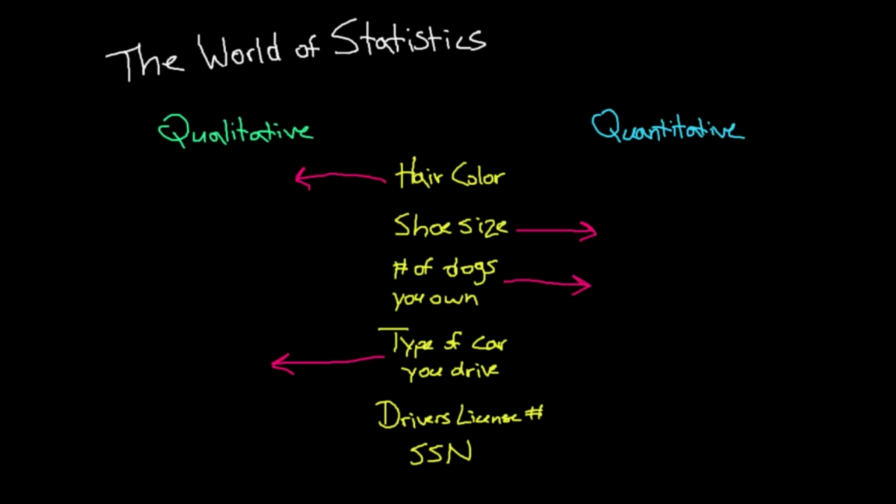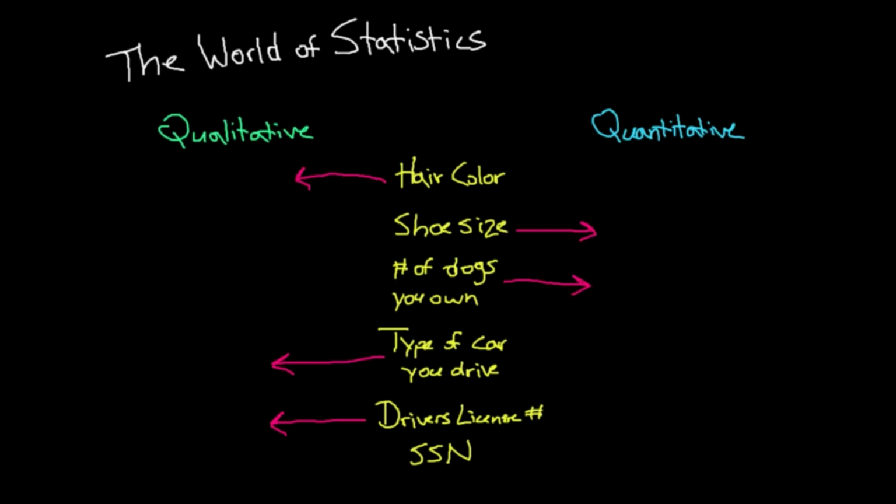Driver's license number. So when thinking about yours or a family member's driver's license number, what would this be? Is this quantitative or qualitative? Well, the answer is qualitative. The reason that a driver's license number is qualitative in nature is, even though it is represented through letters and symbols and numbers and has quantities within it, it's really a label, much like hair color, much like the type of car you drive.